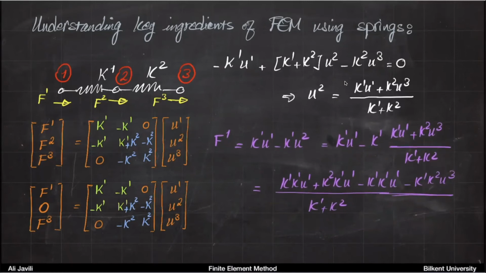If you go one step further, you will see you get something which looks like K1 K2 divided by (K1 + K2) times (U1 minus U3). So this is F1.